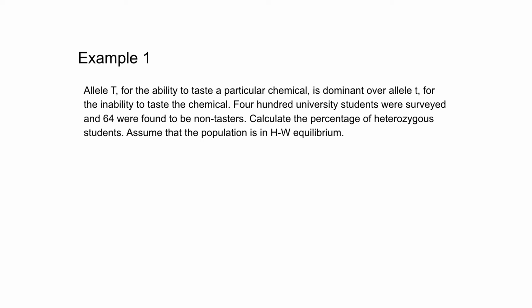So right away we know that big T is going to represent our dominant allele, and that's also going to represent p. And then the recessive allele is little t, and that represents q. Okay?